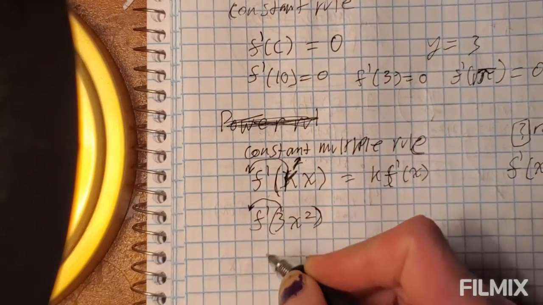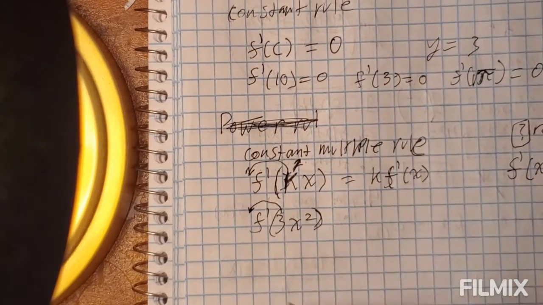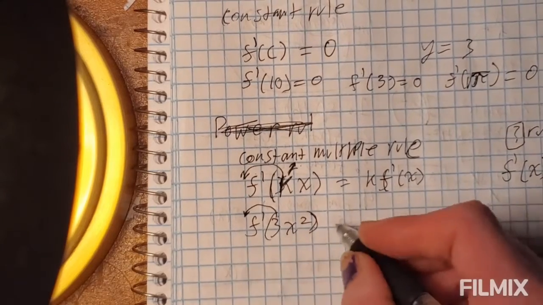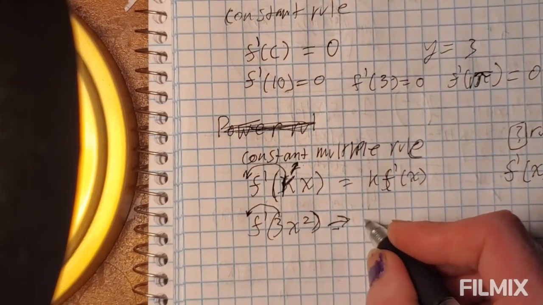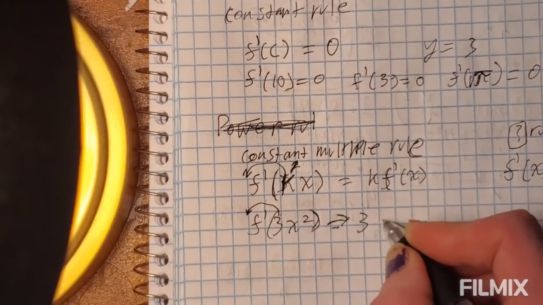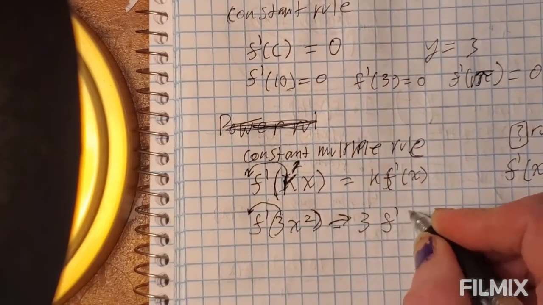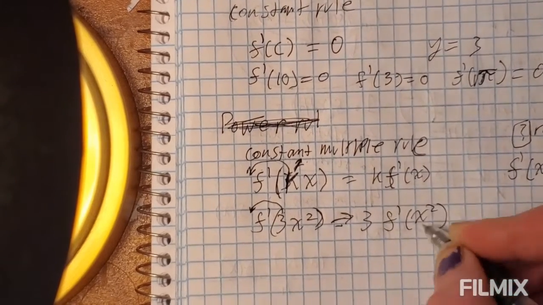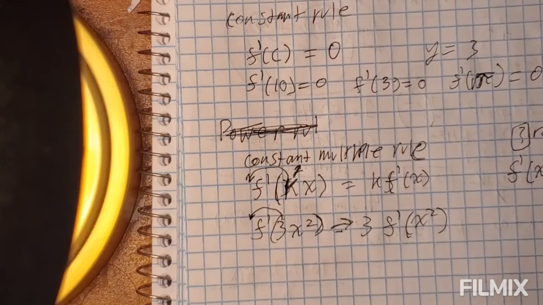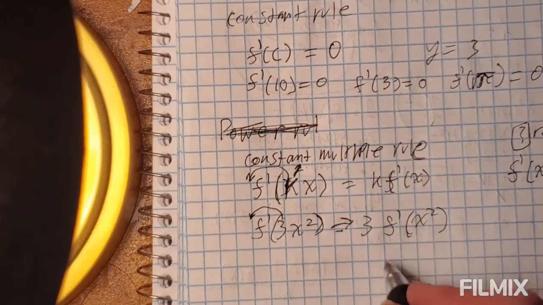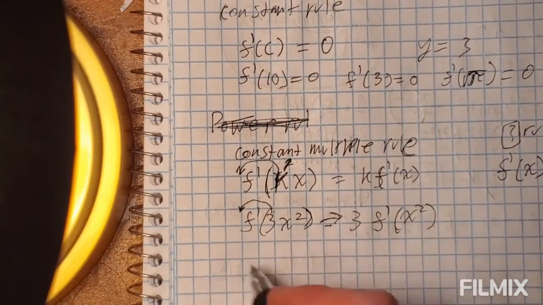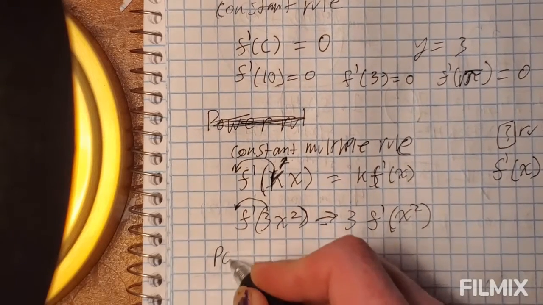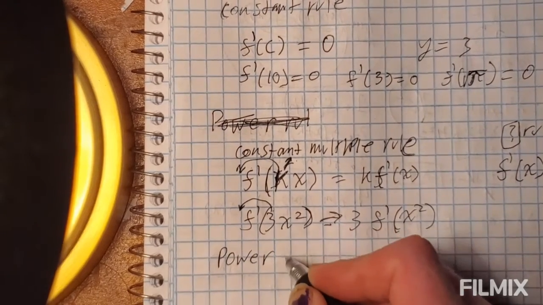There's no big formula to plug it into or anything like that. You move it out there, and that becomes 3 times the derivative of x squared. Well, what's the derivative of x squared? We're going to cover that in the power rule. So that's easy. If it's a coefficient, you just pull it out and put it there. So the power rule, this is making our life even easier.